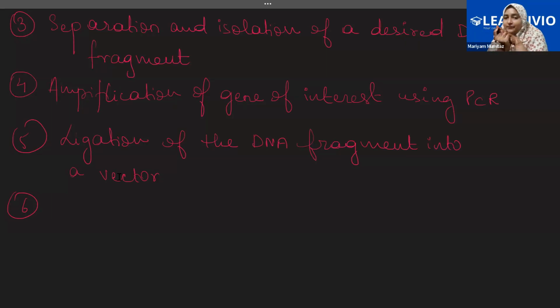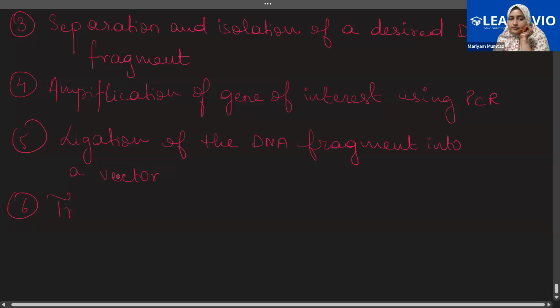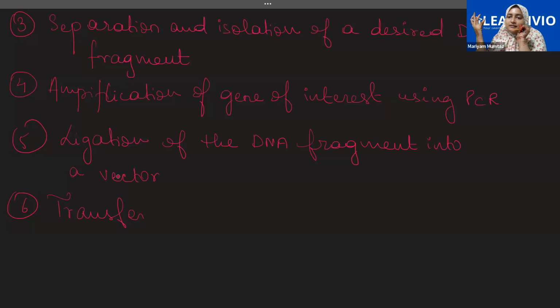Ligation means joining. If we use molecular scissors for cutting, then what do we use for joining? Molecular glue, which is an enzyme called DNA ligase. Ligation means joining, attaching, and it is done with the help of an enzyme called DNA ligase.